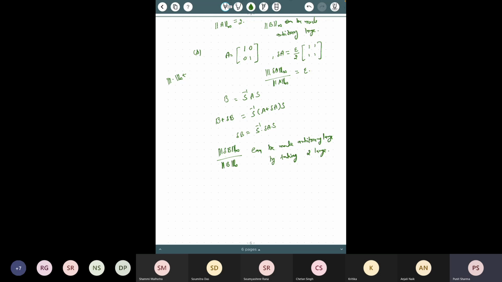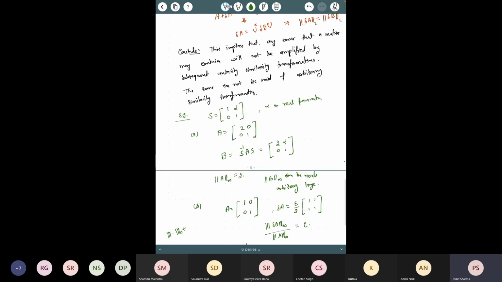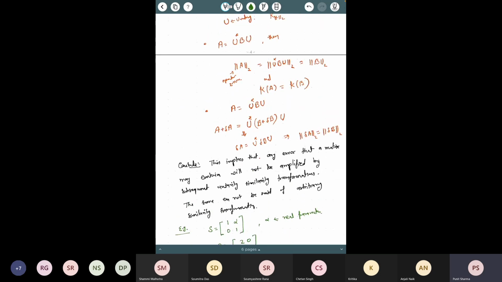Okay. So now you can see, or at least you have some feeling, that if you apply a unitary similarity transformation over the standard similarity transformation, then you achieve more.